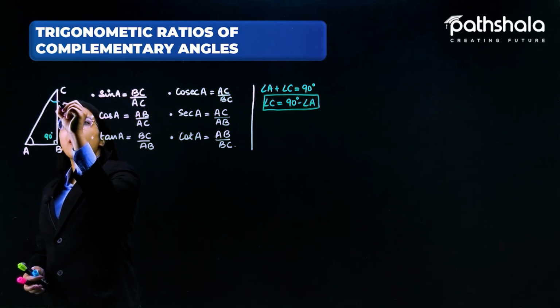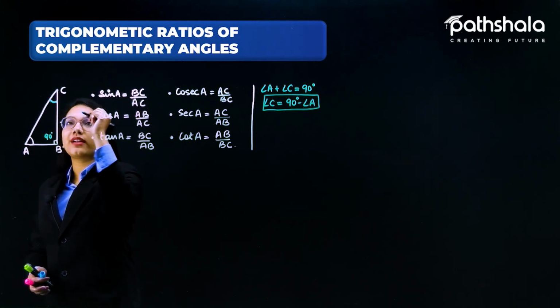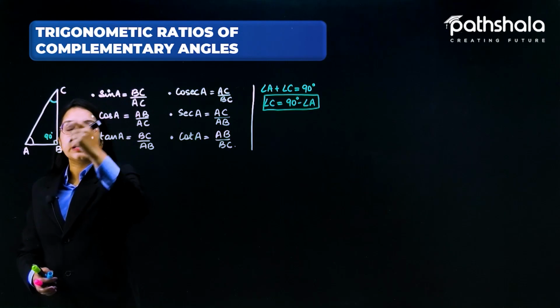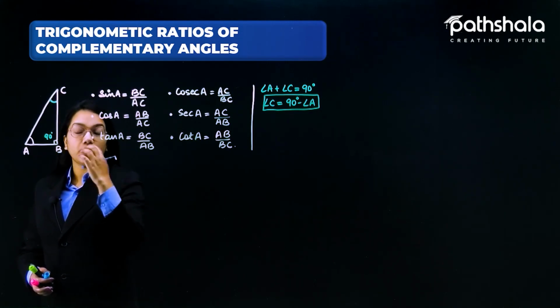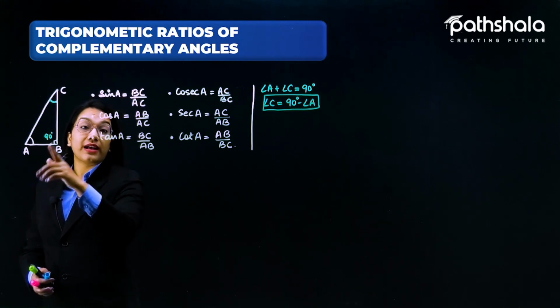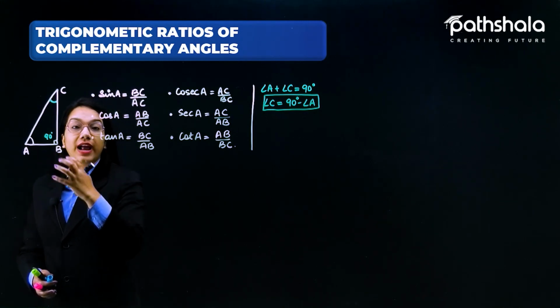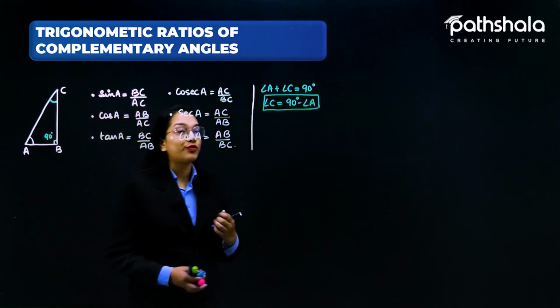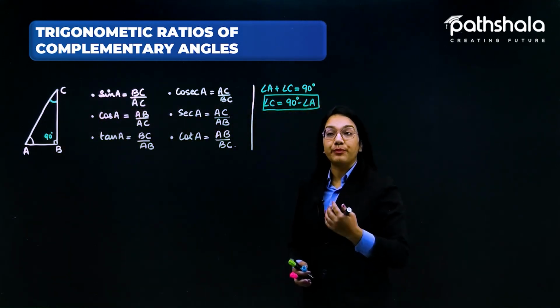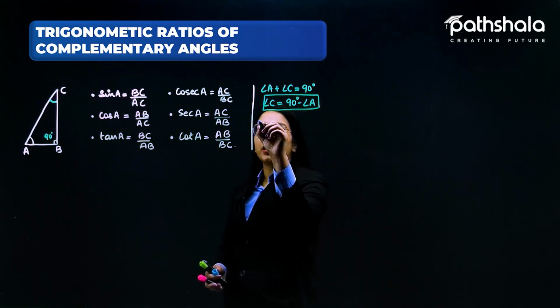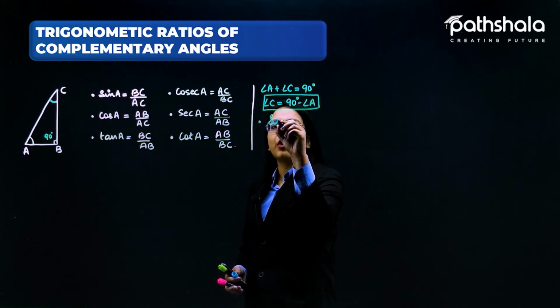For angle C, this would be the side opposite to the angle C, and this would be the side adjacent to C. Let us start with the sine of C.